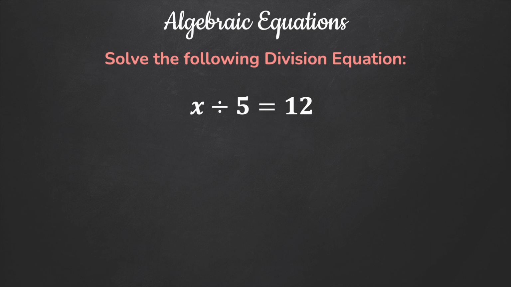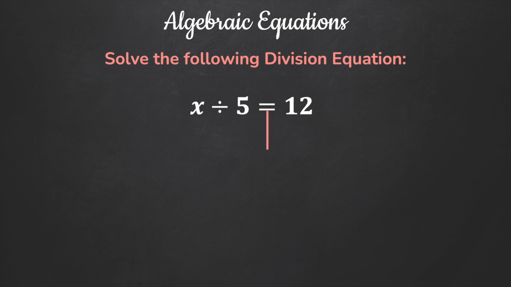Here we have x divided by 5 is equal to 12. And our goal here is to figure out what x is equal to make this equation true. And in order to do that, we want to get x by itself so that we can find the value of x. To get us started, we're going to draw a line straight down from the equal sign so we can see the left side of our equation and the right side of our equation.